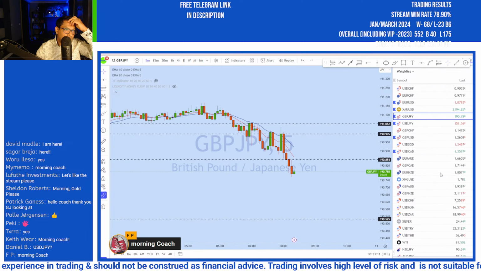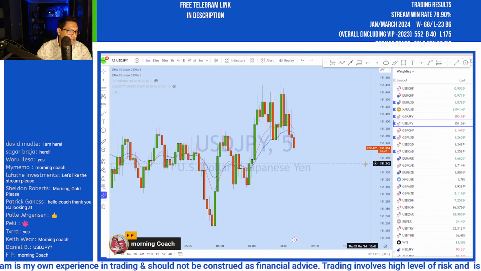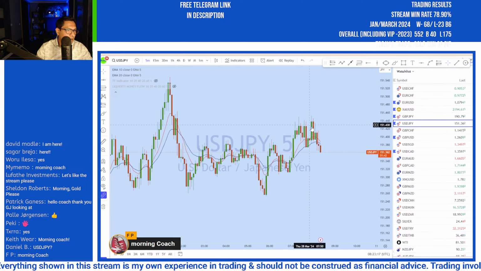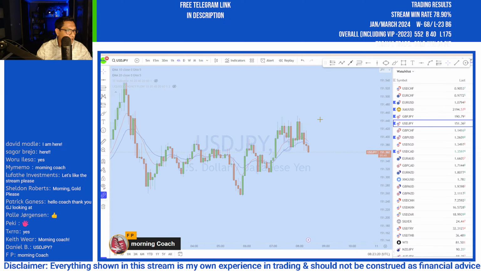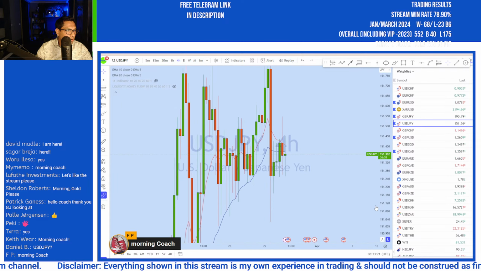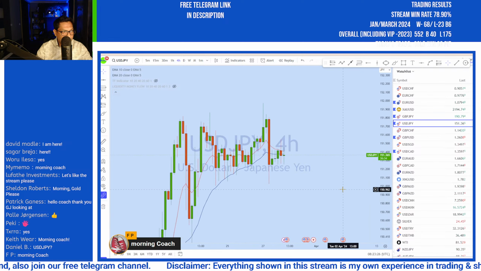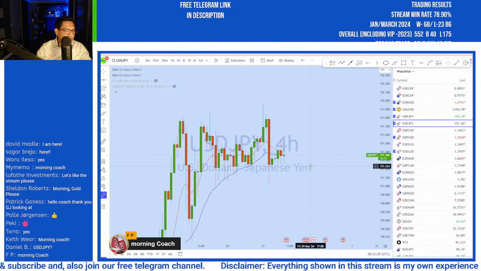So we see that yen pairs like the GJ, dollar yen also, yen getting a bit stronger here, so it might move a little bit sideways. Dollar yen is not a very good pair at the moment to look at because it's a completely sideways market.